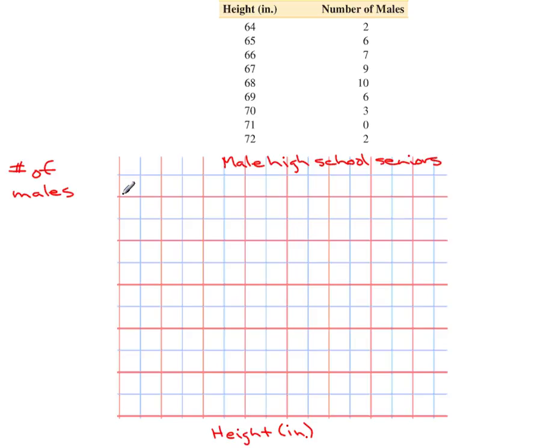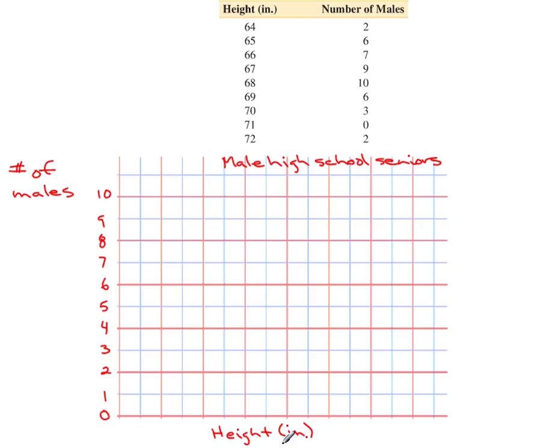Then let's label the vertical axis, starting with 0, and 1, 2, 3, and so on, with these numbers representing the number of male high school seniors.